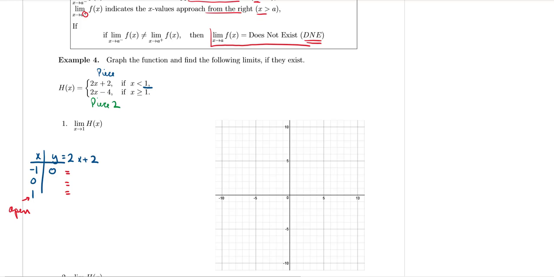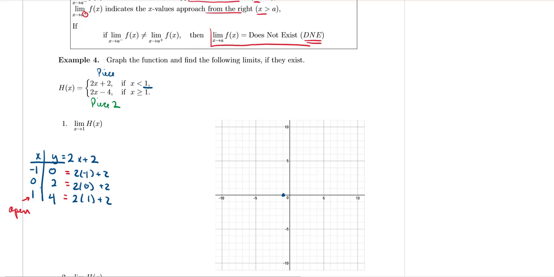Now let me write it here on the right hand side. 2 times the x values, and then we add 2. There we go. The x values being -1, 0, and 1. Okay, so 2 times -1 plus 2 is 0. 2 times 0 plus 2 is 2. And 2 times 1 plus 2 is 4. Okay, so there are the points. So let's go ahead and plot them. When x was -1, we got 0.